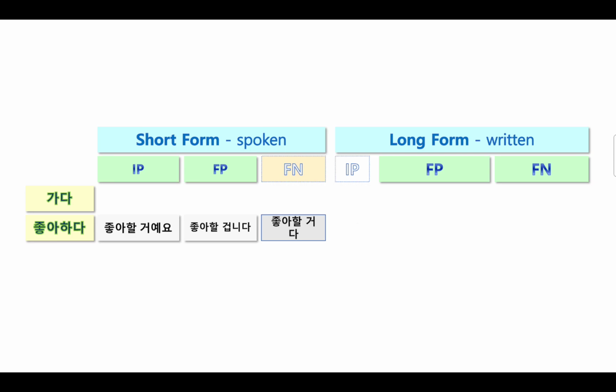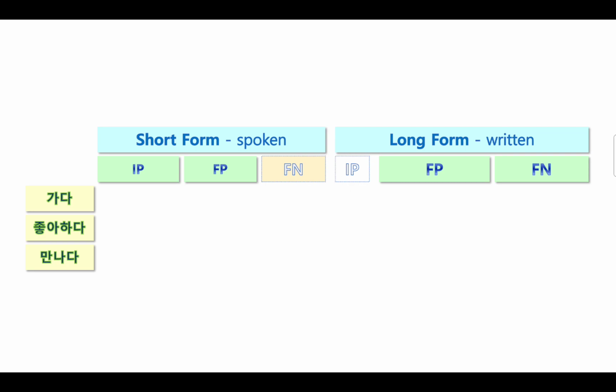Informal polite long form, we don't use this one. And formal polite, 좋아할 것입니다. 좋아할 것입니다. Okay. And formal non-polite, 좋아할 것이다.